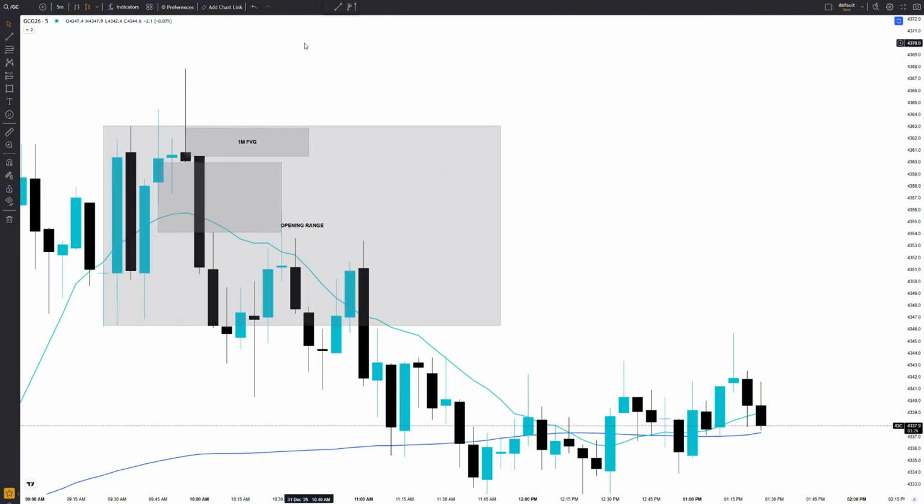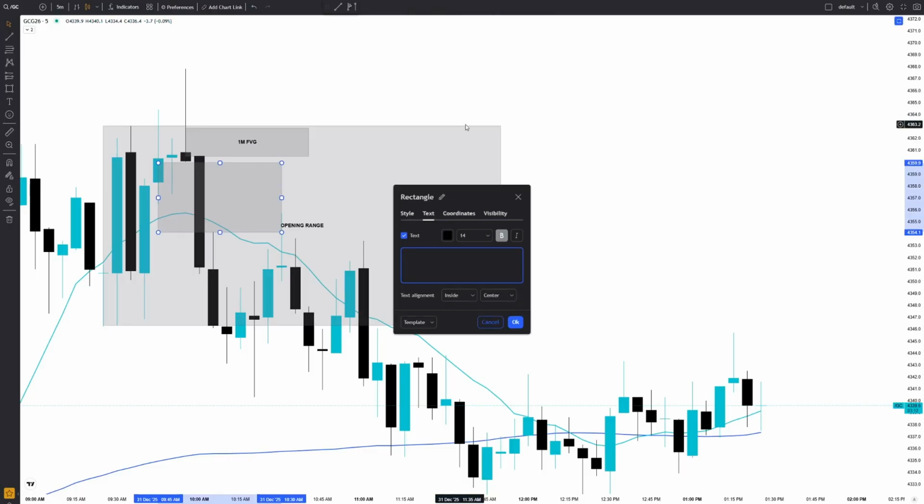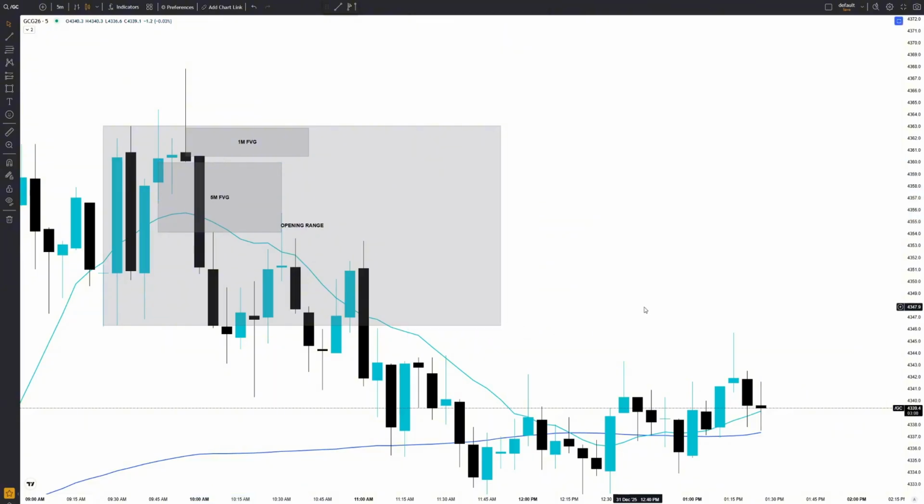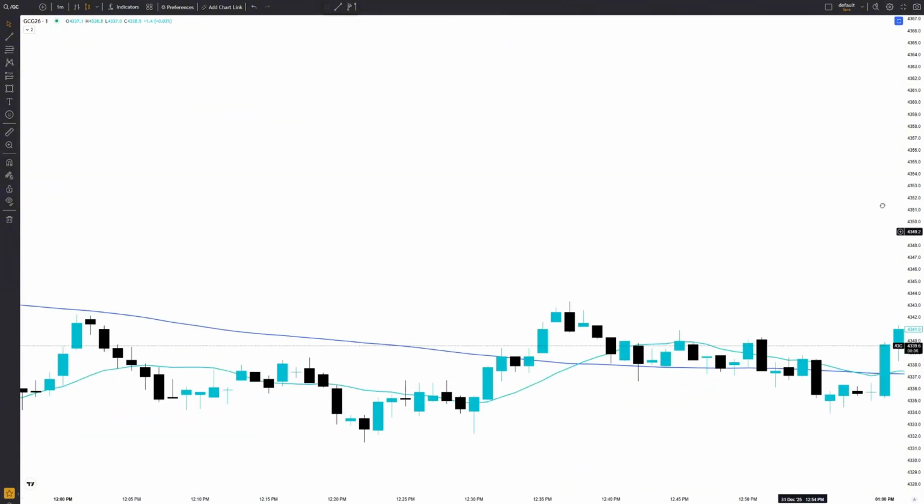And what did I say? We need to see correlation, man. We need to see a 5-minute fair value gap being formed right after the 1-minute. Right? That's what we're seeing, right? So boom, 5-minute fair value gap. Boom. All right, let's go back to the 1-minute chart.